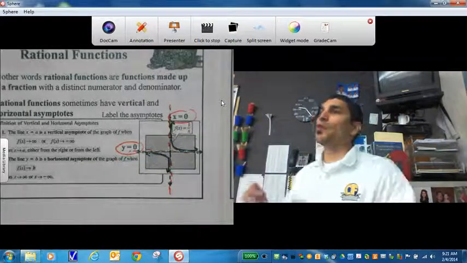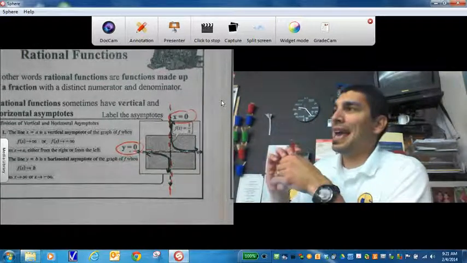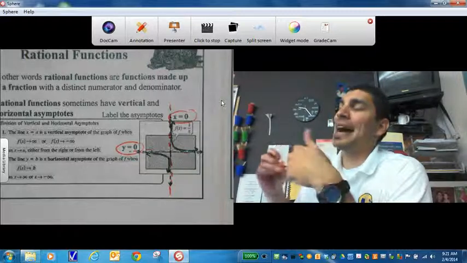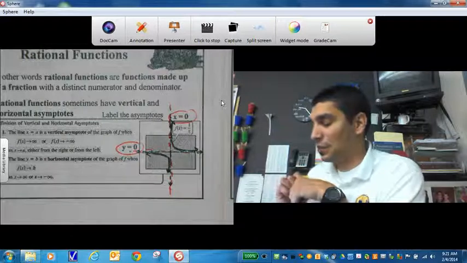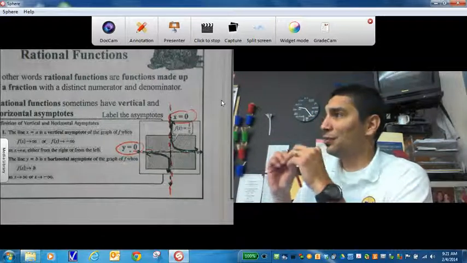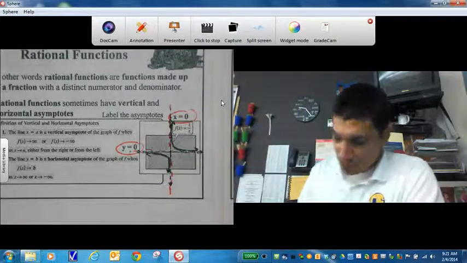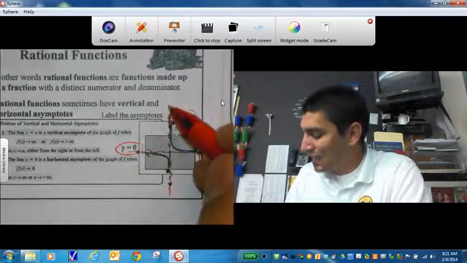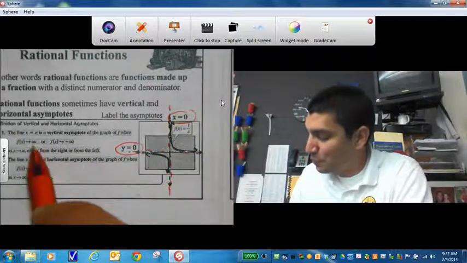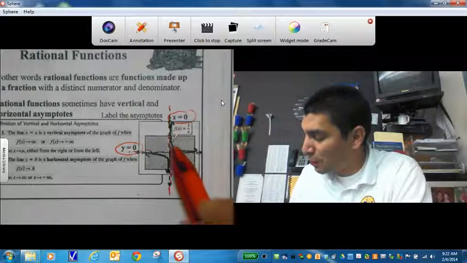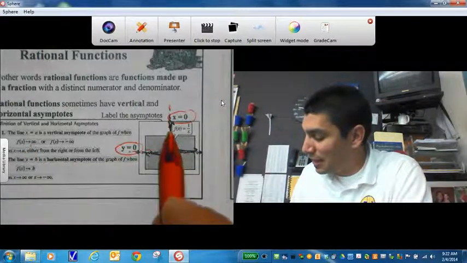We're going to be really hitting on what an asymptote is and why it's an asymptote, and you're going to have to find the vertical and horizontal asymptotes of graphs. So just to make the definition as clear as I possibly can, your book defines an asymptote. This is a vertical asymptote because the function approaches positive infinity as it gets closer.